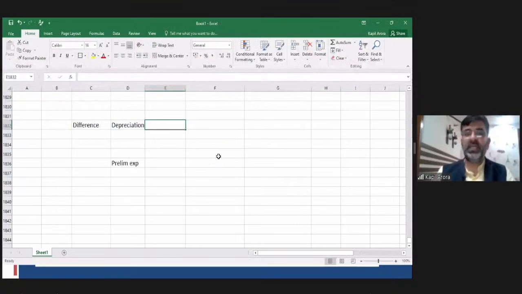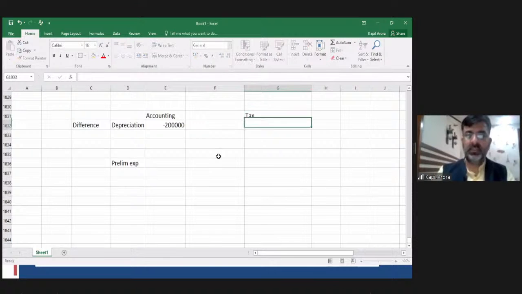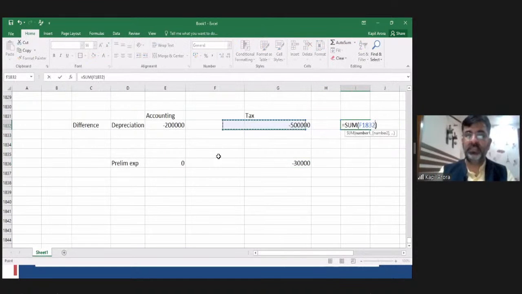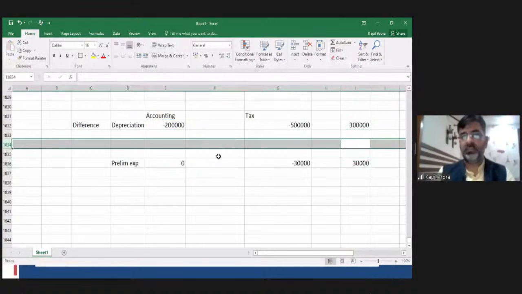For depreciation, I have 2 lakh in accounting and 5 lakh for tax. For preliminary expense, here I have 0 and here I have 30,000. So the difference would be this minus this, 3 lakh, and the same concept will apply here, 30,000.